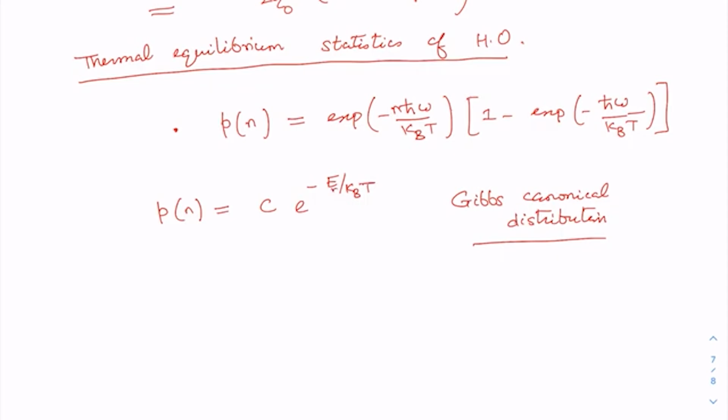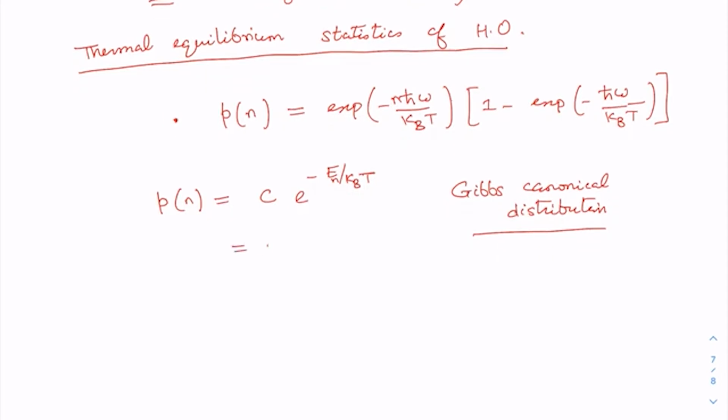For the harmonic oscillator, En would obviously be n plus half times h cross omega, divided by kBT.